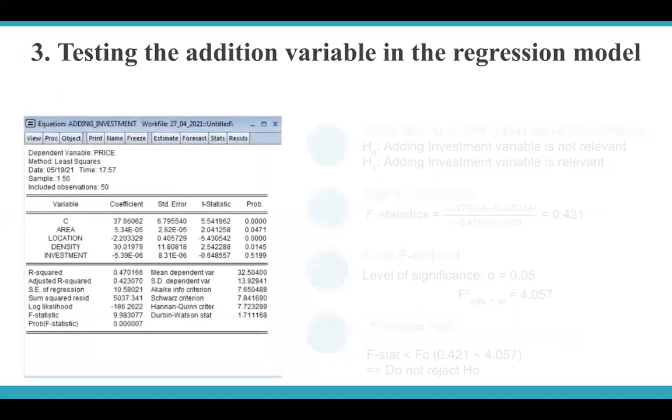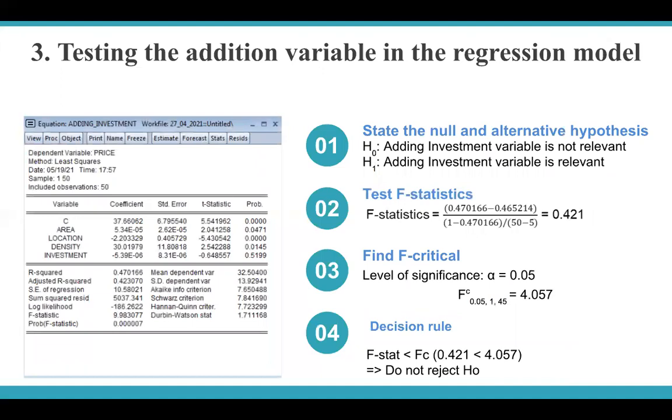And the third test is the additional variable in the regression. In this step, H0 is adding investment variable is not relevant, and H1 is adding investment variable is relevant. We find the F statistic equal to 0.421 and the F critical value equal to 4.0567 when the alpha equal to 0.05.